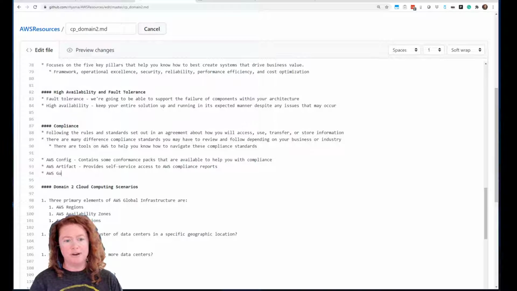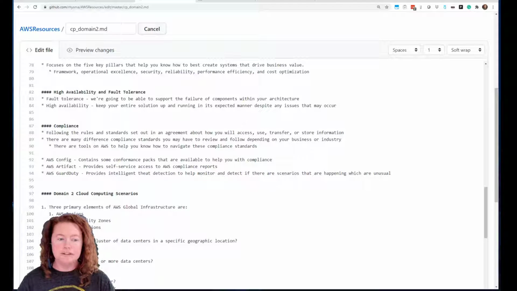We also have AWS GuardDuty, which provides intelligent threat detection to help monitor and detect if there are scenarios that are happening which are unusual.